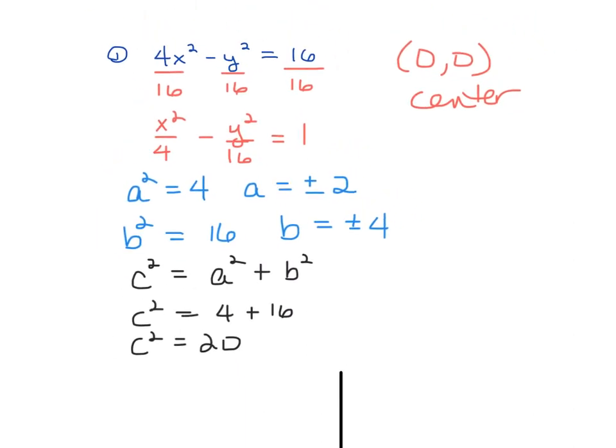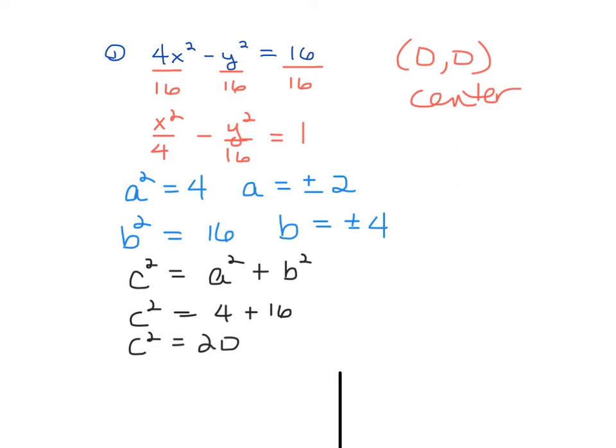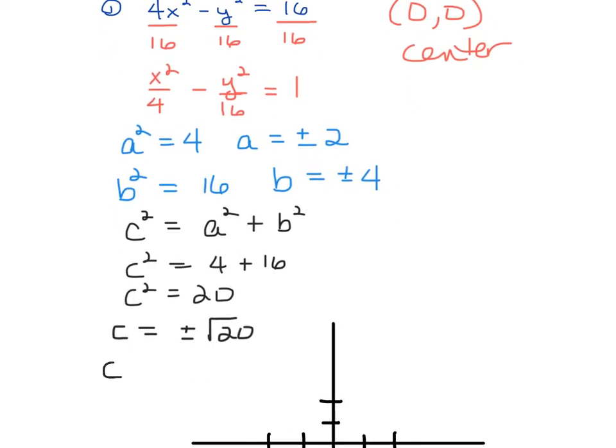I do need to square root it. When you're writing the equation, you don't need to, but when we're trying to find focus points, we do need to square root it. So it becomes plus and minus the square root of 20. I can also simplify that radical and make it plus and minus 2 square root 5.